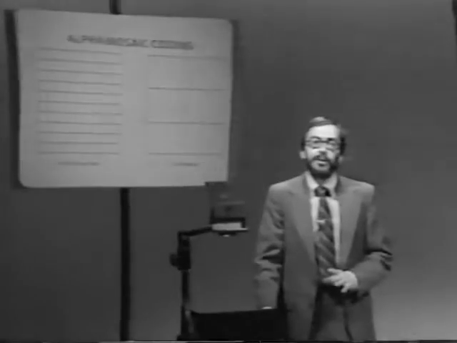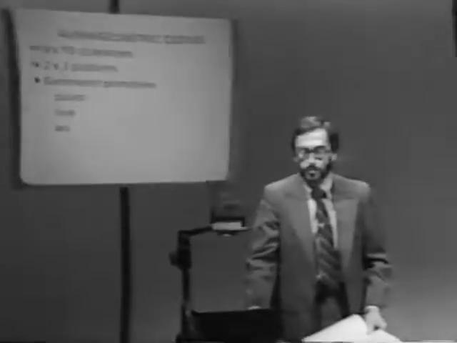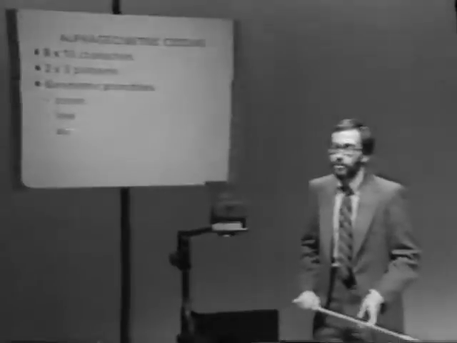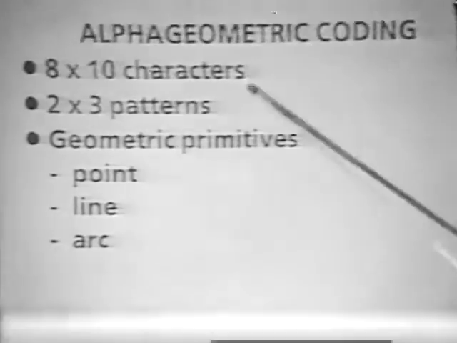Now that still is going to be a relatively inexpensive system because with the 2x3 pattern, the electronics for doing that is fairly simple. And that has been developed primarily in Europe. In the United States, there's been some work on a more elaborate system known as alpha geometric. And basically what this allows is the 8x10 characters that we saw before.